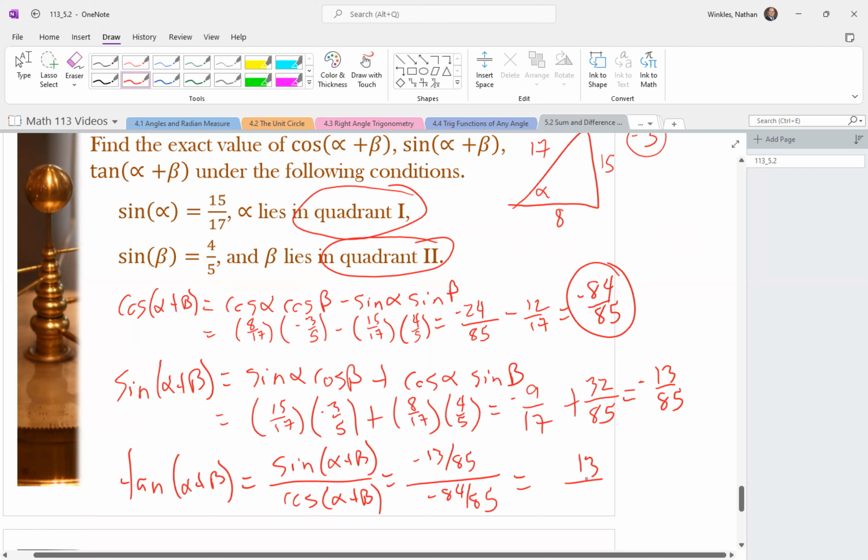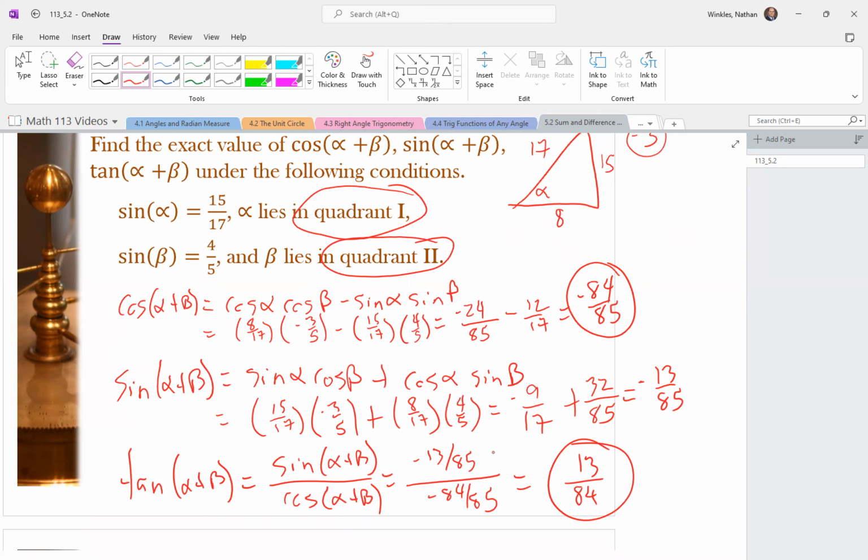So we get 13 over 84 as our answer here. We got to be very careful when we start plugging these in and everything. That proves it right here with this mistake that I just made. So always make sure that we are plugging in everything to the exact spots.